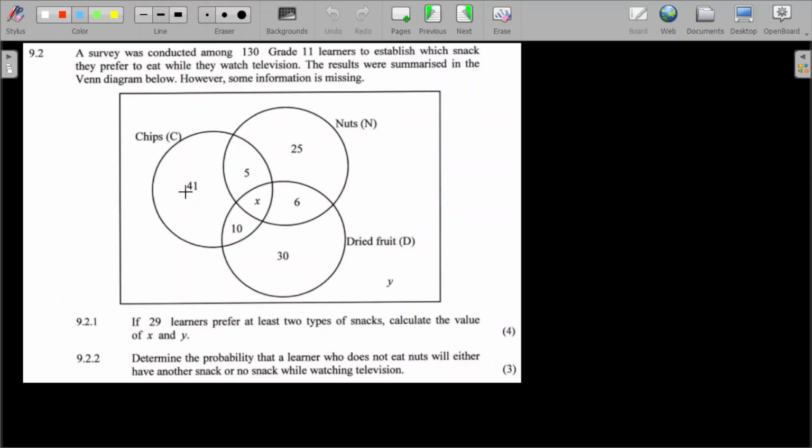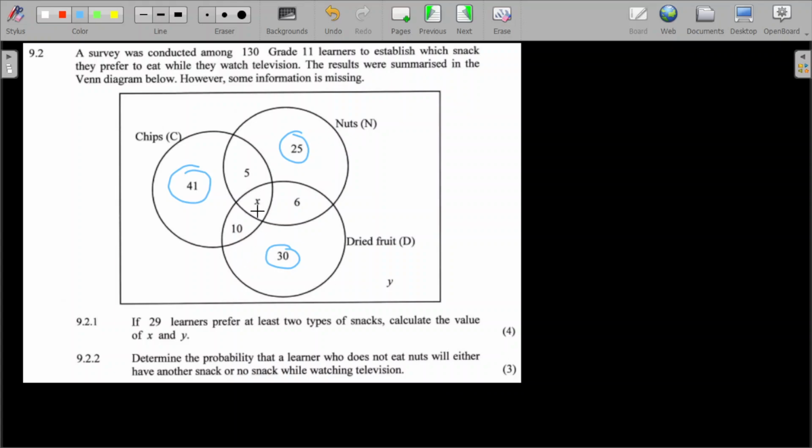So I'm having this Venn diagram of chips, nuts and dry fruit. 30 here is for dry fruit only. 25 here is for nuts only. And 41 here is for chips only. 5 is for chips and nuts. 6 is for nuts and dry fruit. And 10 here is for chips and dry fruit.